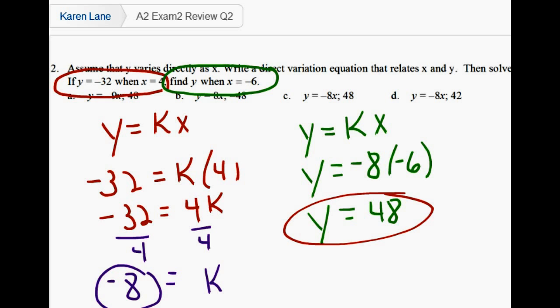The equation that they're looking for is this equation with the k filled in. So the equation they're looking for is y equals -8x. So the correct answer is the one that has y equal -8x and y equals 48.